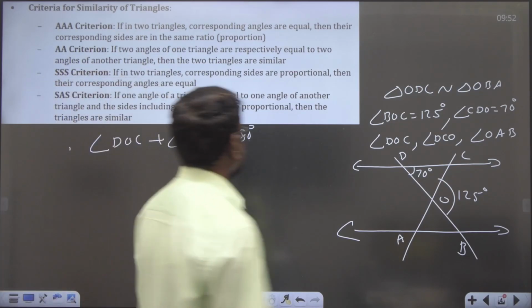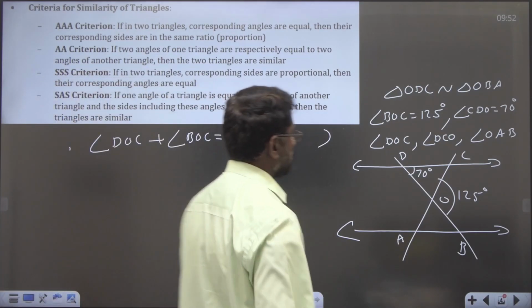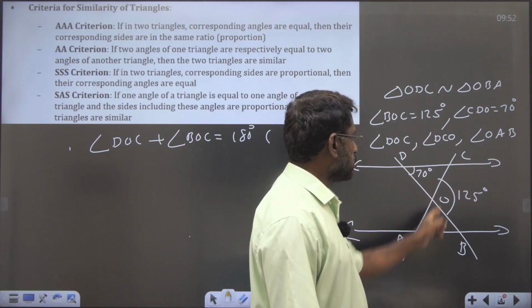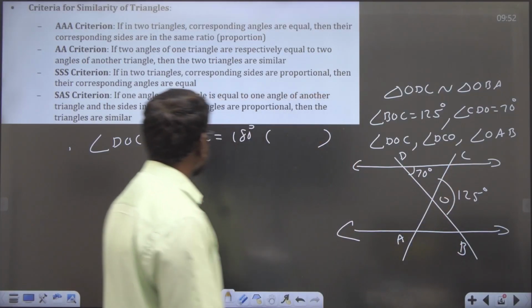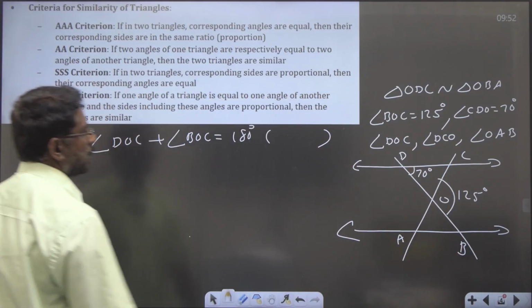What is the reason? You mention the reason also. Linear pair. We have to find out angle DOC.